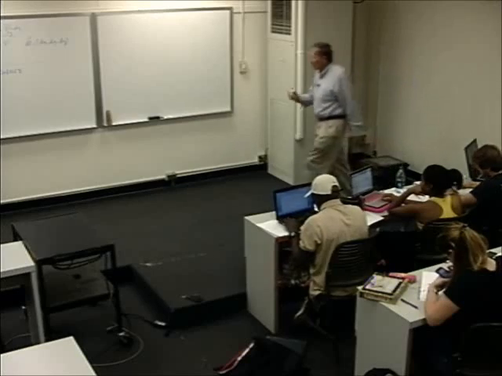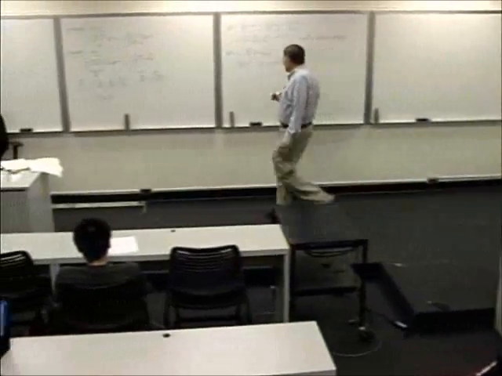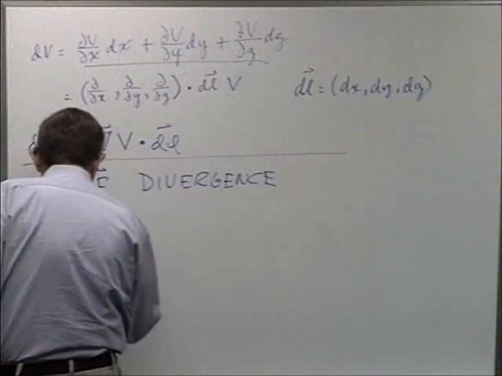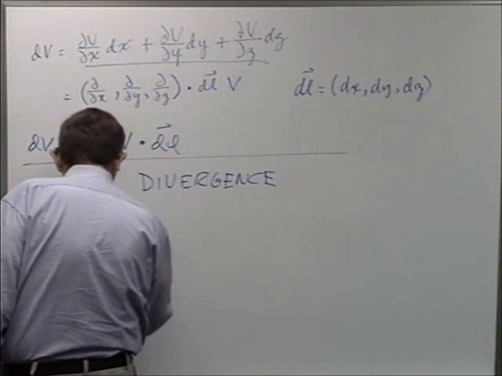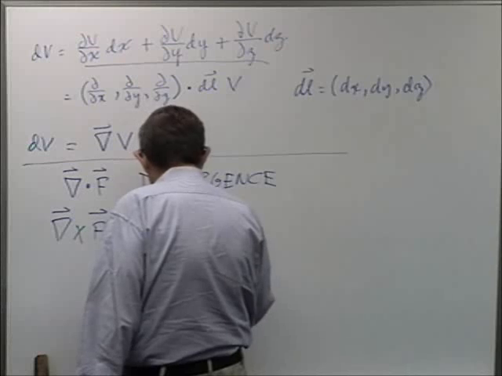Okay, now the curl, the next thing we're going to talk about is del cross F. This has different things it's called.